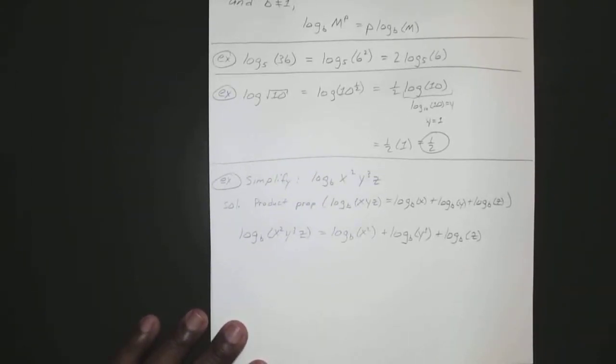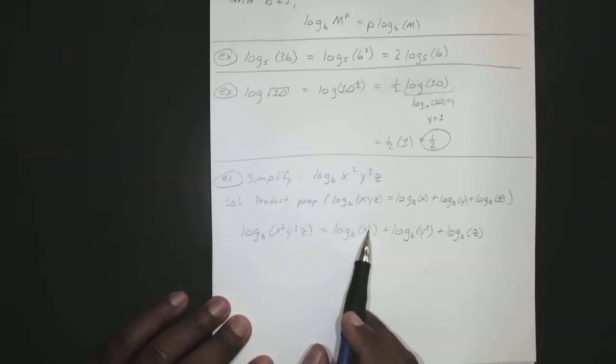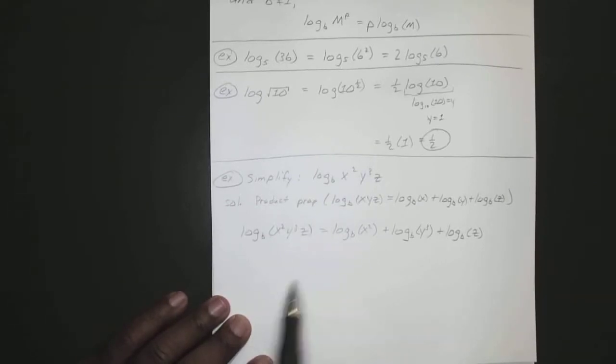Okay, so all we did was get all three factors and applied our property. Now, just the ones with the exponents, we can get those exponents and bring them out to the front.